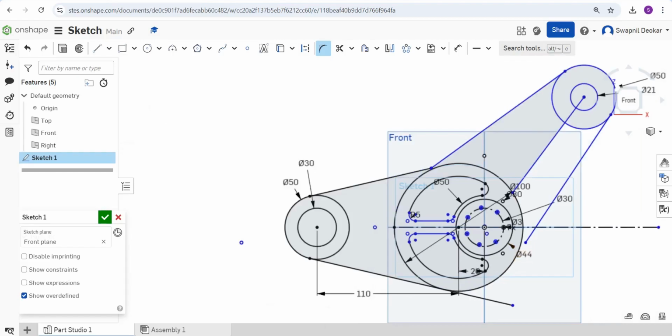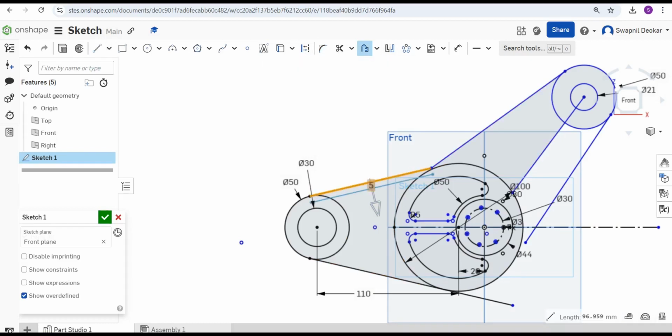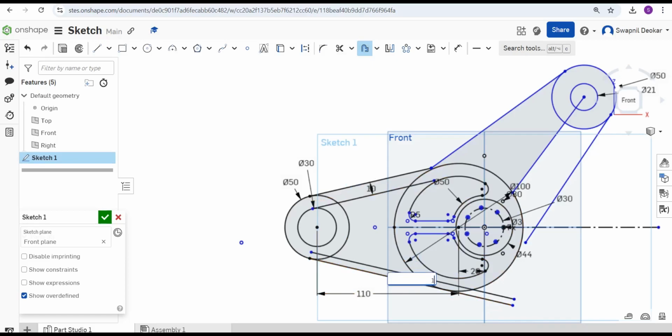Okay. Now next is the offset line. So the distance is 10. So we have to do the distance 10, offset from this to this, and distance is 10.